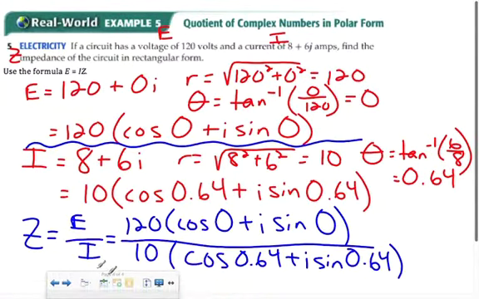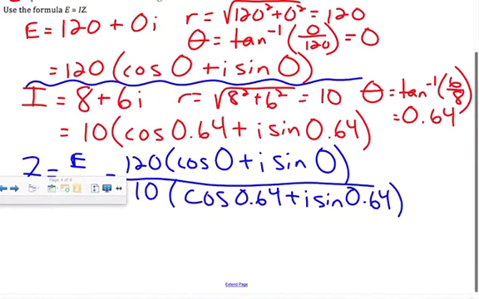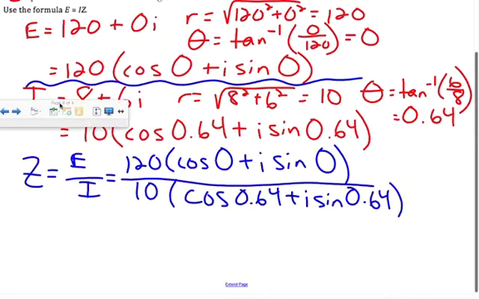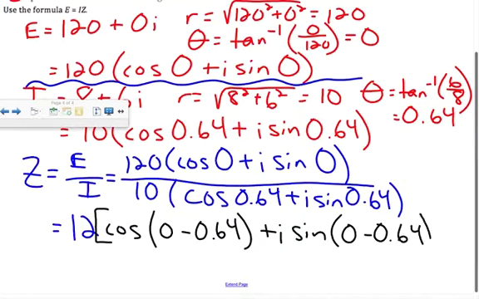So this will become 120 divided by 10 is 12 times, use a bracket, the cosine of 0 minus 0.64 plus I times the sine of 0 minus 0.64.